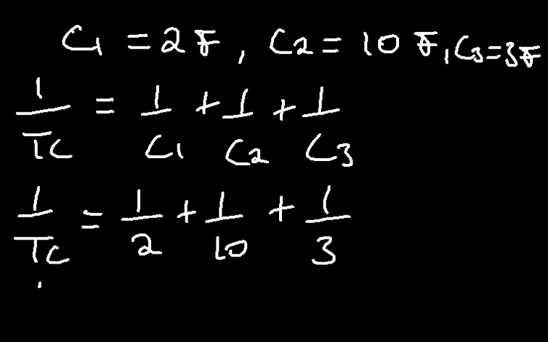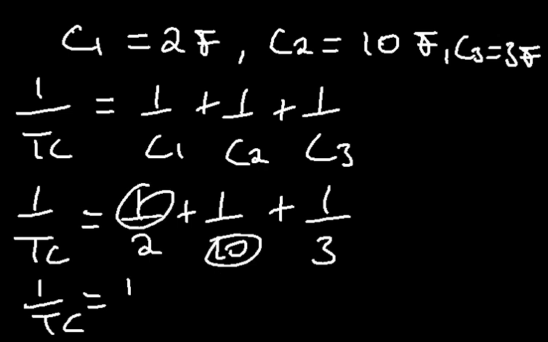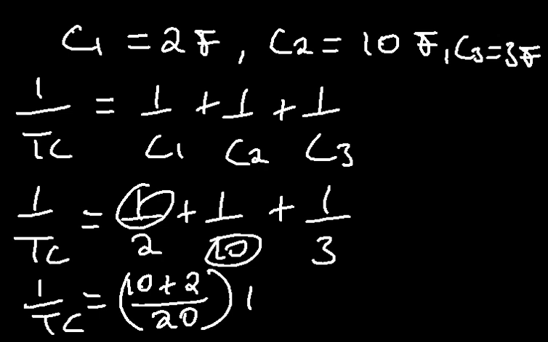So we have 1 over TC. Whichever way you make TC the subject of the formula will be acceptable. Using the butterfly method, we have 1 times 10, which is 10, plus 2 times 1, which is 2, divided by 2 times 10, which is 20, plus 1 over 3.